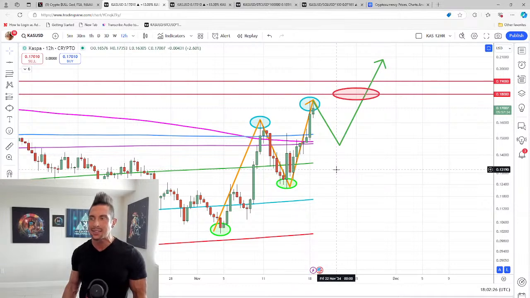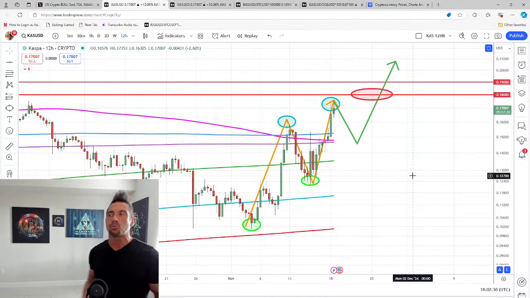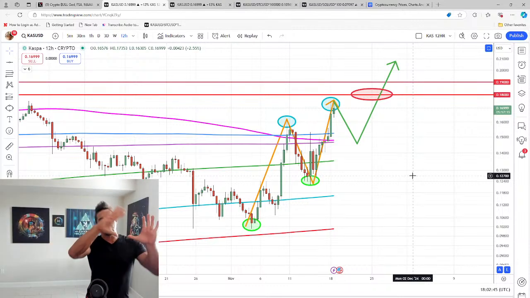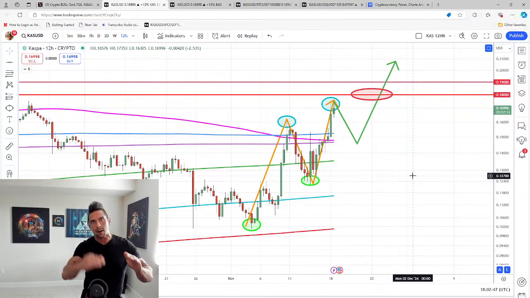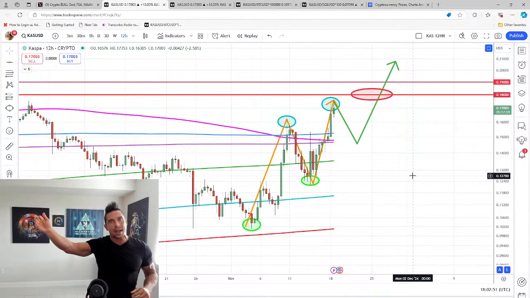Now, as far as the moving averages, why did I create this? Well, if you're familiar with the EMA ribbon for Bitcoin, it's not very complicated. The EMA ribbon for Bitcoin is a series of exponential moving averages in descending order. The idea is you want all of them in the right chronological order, and you want them all trending up, and you want price to stay above that area.